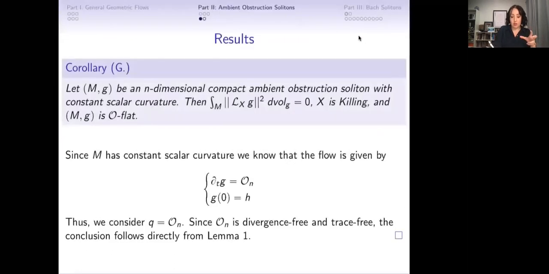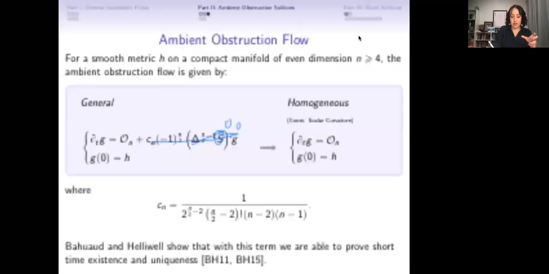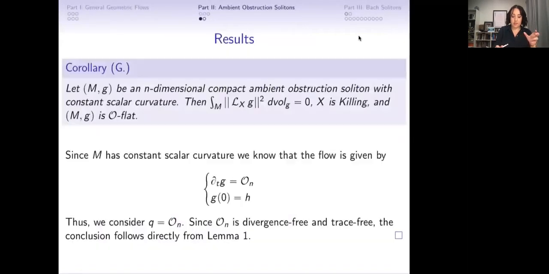So let's put these two things together into a result here. A corollary to my lemma from part 1 is as follows. Let M be an n-dimensional compact ambient obstruction soliton with constant scalar curvature. So we know that we are dealing with an ambient obstruction soliton, and we know that it has constant scalar curvature.